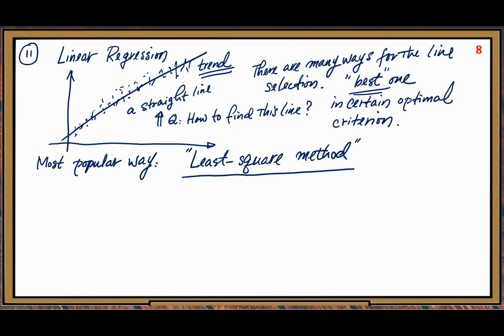All right, so the least square. Our data points have coordinates xj, yj.